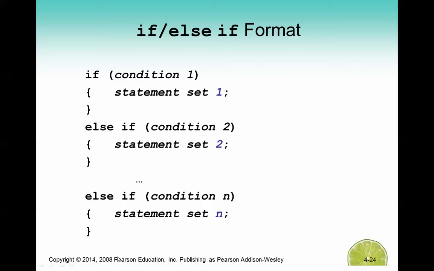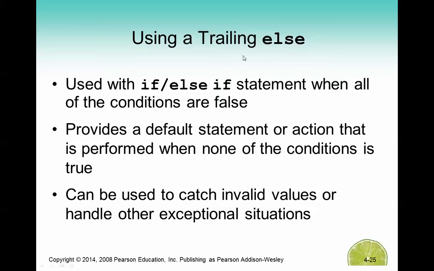Sometimes we need something, right? So maybe we can add a trailing else that is going to say, if it's not one, if it's not the other, then send a message saying, have a nice day, a beautiful day outside. So we're going to be using what is called a trailing else that is going to make sure that there is an action at the end when none of the conditions are true.